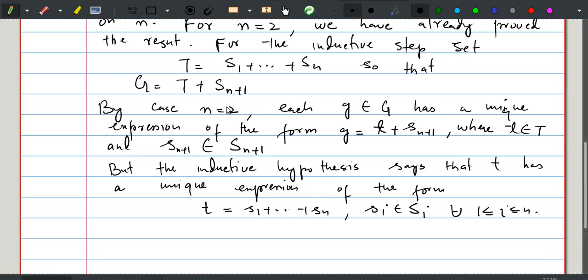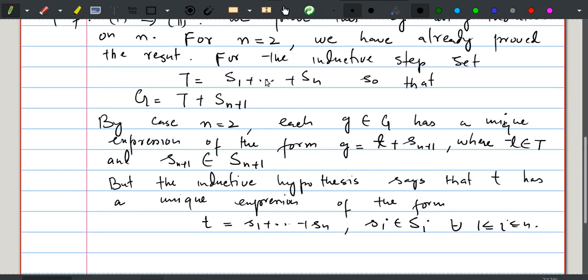So this proves that this little g can be uniquely expressed as s1 plus s2 plus so on plus sn plus 1. So this is obviously true.